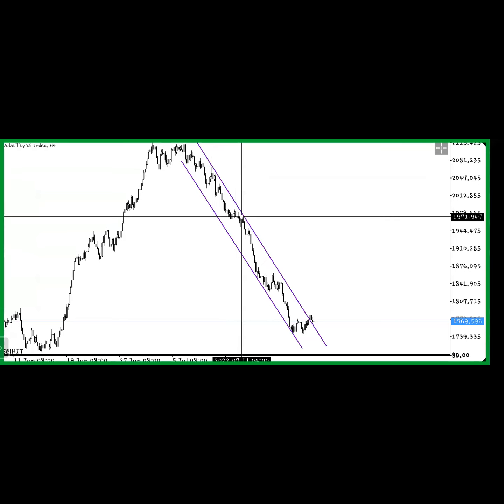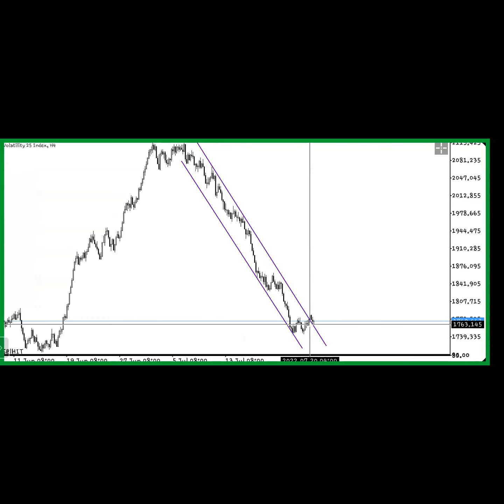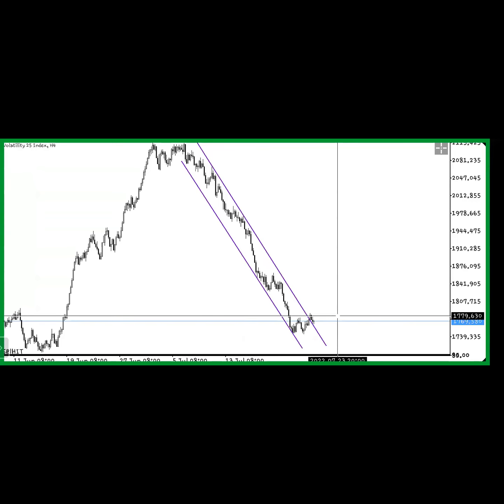So when you are trading using channels, you have to wait for a breakout. When we are talking about a breakout, we are talking about when the candle closes above the channel, in the case of a descending channel. Here we have this bullish candle which closes above our channel.